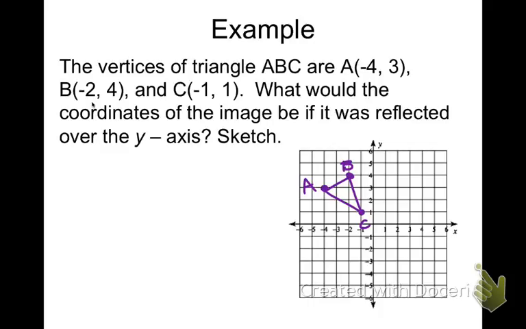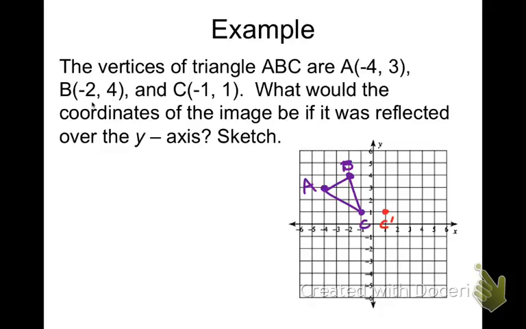So right now we're in quadrant 2. Remember how we label quadrants? 1, 2, 3, 4. So right now we're in quadrant 2. If I were to reflect it over the y-axis, that would put me into quadrant 1. Me personally, I would just look at this and say, okay, well C is 1 unit away from the y-axis. So if I stay on the same line and go 1 unit away in the right direction, that's where my image of C would fall.